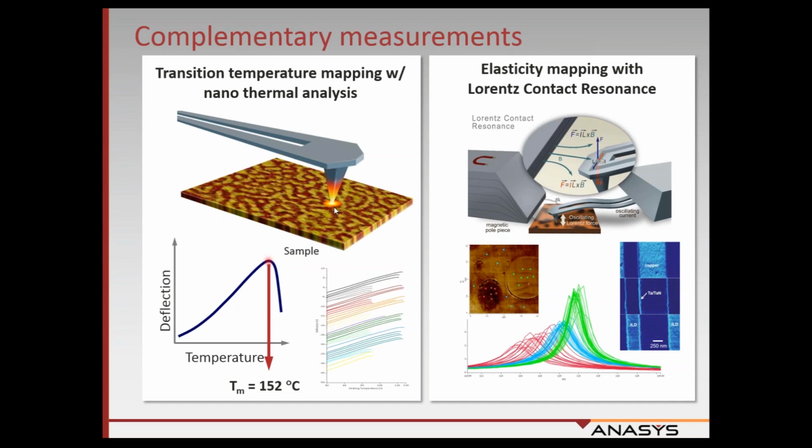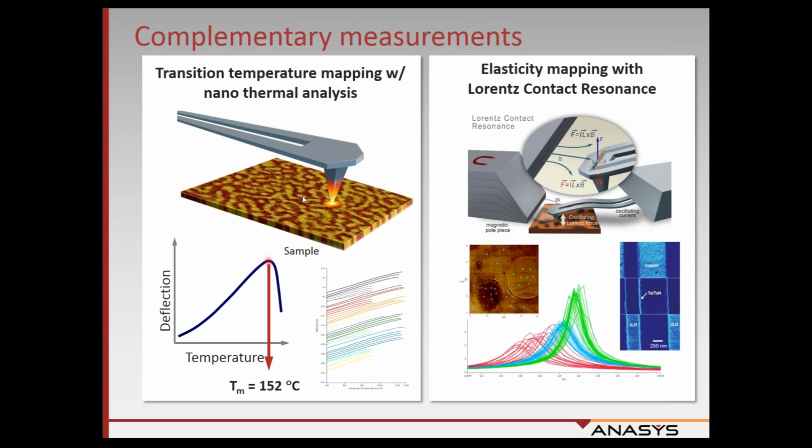As we ramp the temperature of the tip, we can monitor the deflection of the cantilever and determine the softening point of the sample locally where the tip is in contact with it. Then we can move the tip across the surface and collect a range of different nano-TA measurements.